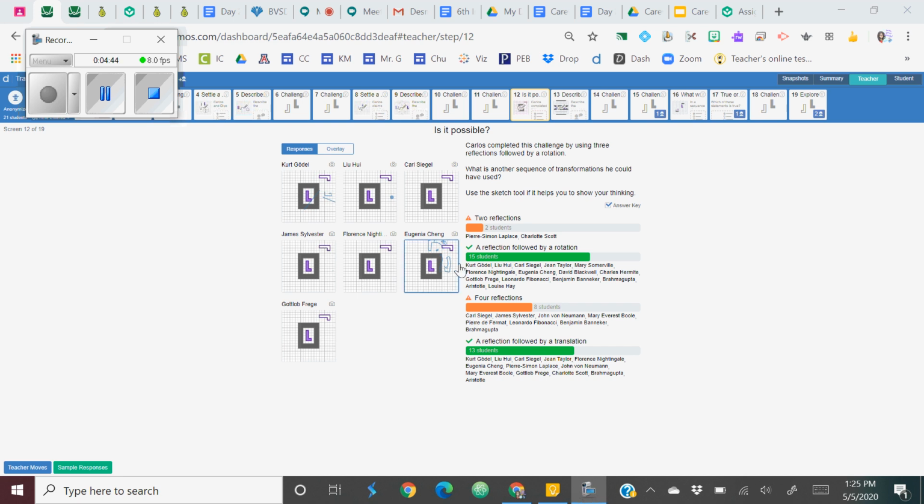But there were a few people that came up with 2 reflections, and I think the problem with 2 reflections is if you reflect to the right, for example, then you would reflect again and you wouldn't have the correct orientation. And I hadn't really thought about the 4 reflections. But you maybe can play a little bit around with that. And I'm going to go to the next slide.